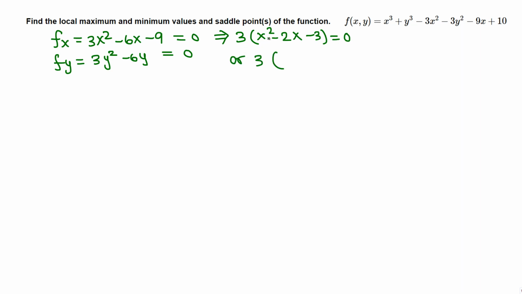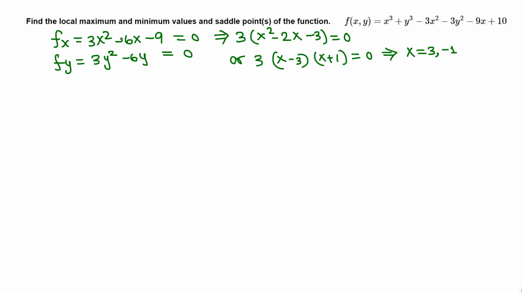This is a trinomial, so we can factor it as a product of two binomials. x squared means x times x, 3 times 1 to get negative 3, and so negative here, positive here. You can check your factoring by multiplying it out. The 3 has no contribution, so we can divide both sides by 3. So x minus 3 equals 0 means x equals 3, and here x equals negative 1.